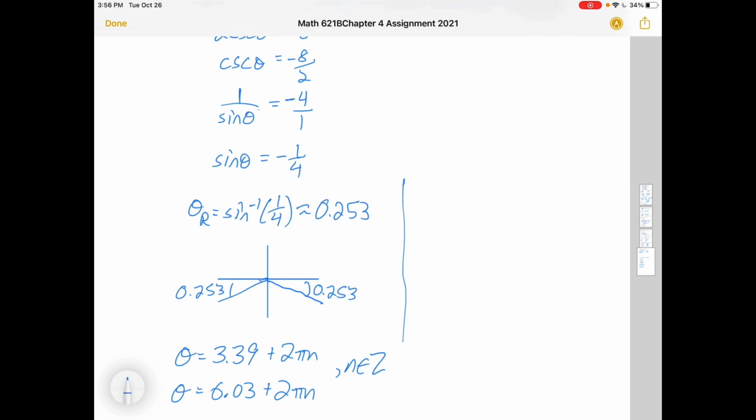If you wanted to do it in degrees, it's really the same steps. So we go theta r is the inverse sine of a quarter, and you could pause and grab your calculator, make sure this is going to work out for you. That'll give you 14.5 degrees. And we'll sketch it.